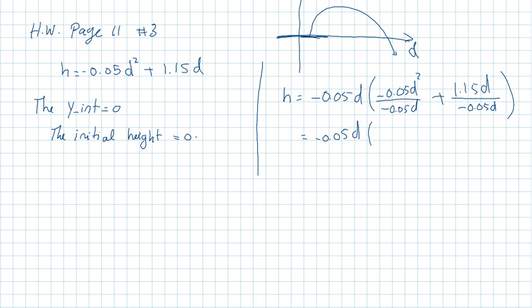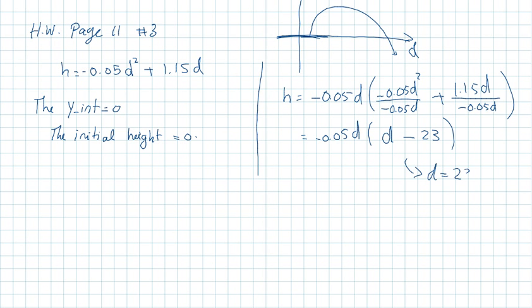So it's going to be D minus 23. Okay, so what are your zeros? Positive 23. You only have one zero here? Yes. Are you sure?